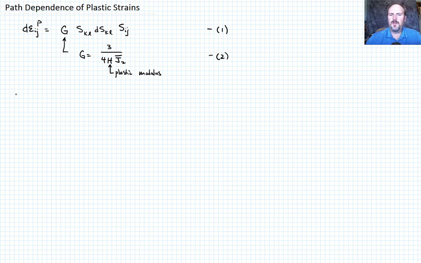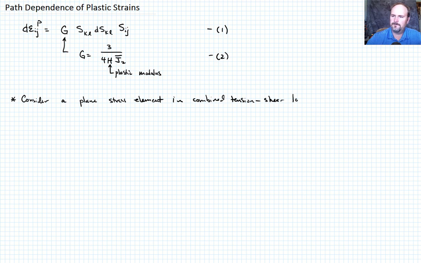So we want to then explore this idea of path dependence by considering the following example. So let's consider just a plane stress element in combined tension and shear loading.